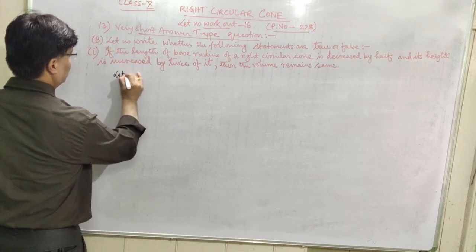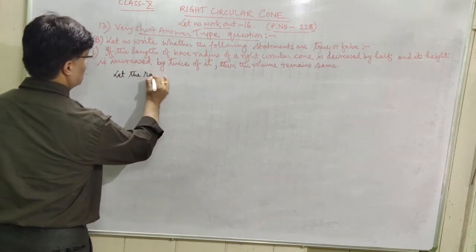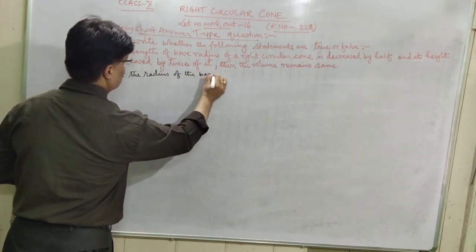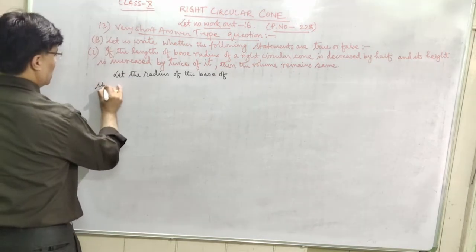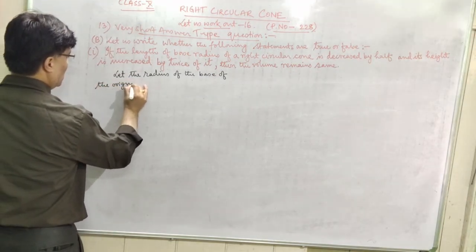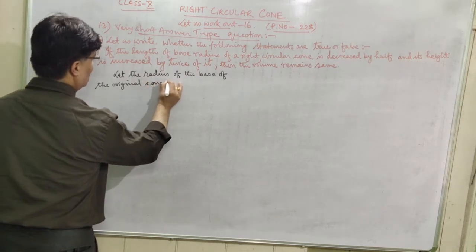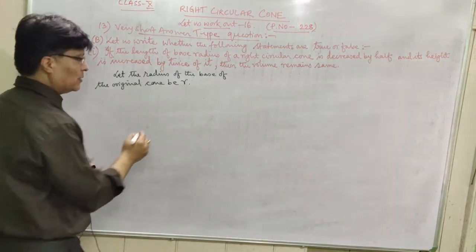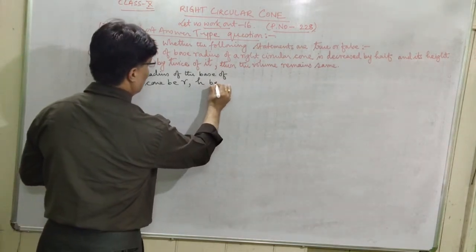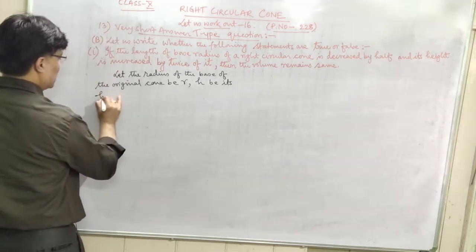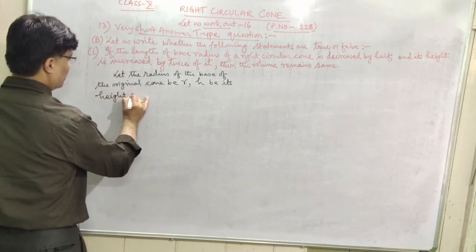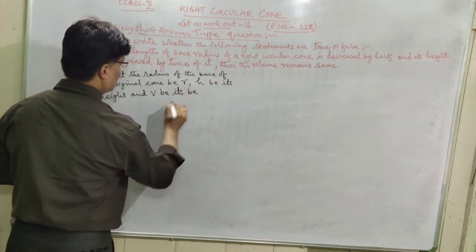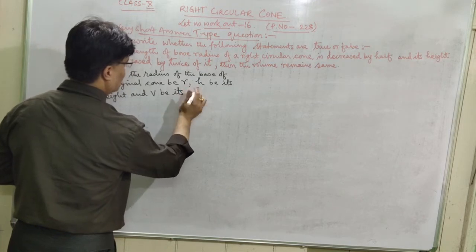Let the radius of the base of the original cone be r, h be its height, and v be its volume.